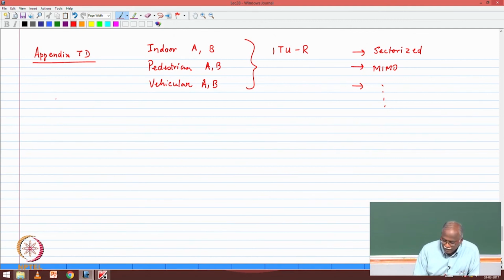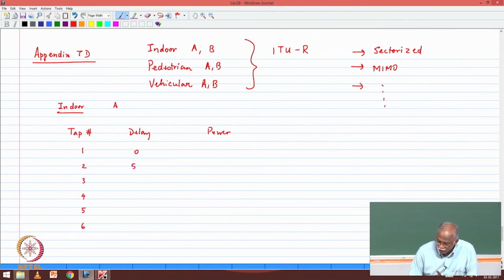So for example, when you look at the description, I want you to pay attention to something. The indoor channel model, this is channel indoor A. It has got 6 multipath components, tap number, the delay and the power level. So 1, 2, 3, 4, 5, 6.